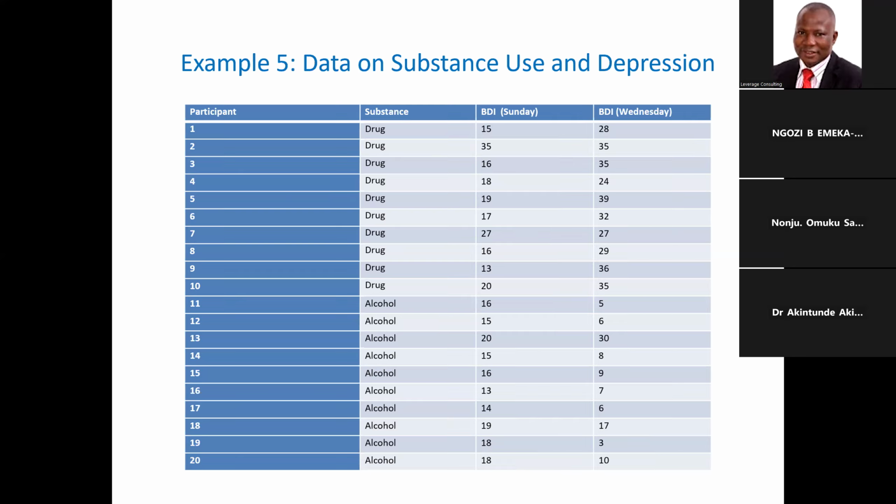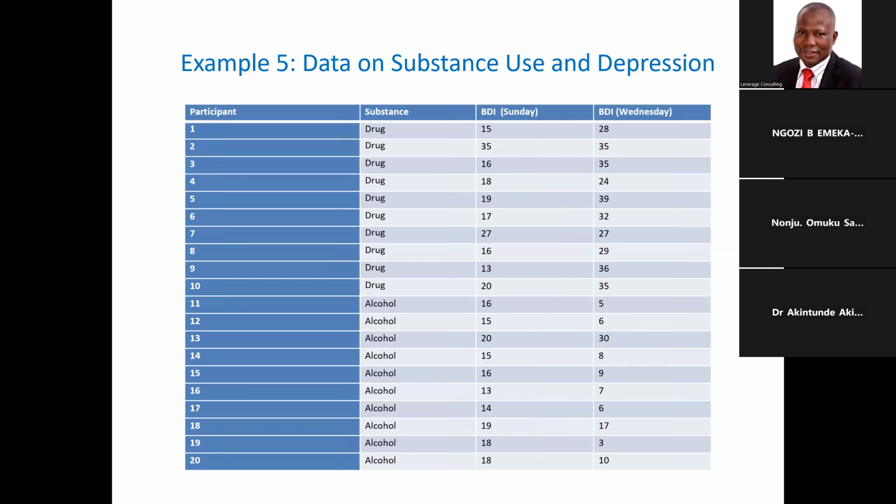When we talk about substance, we mean drug, alcohol, and many other drugs. So here we talk about drug: number 1 to 10, the first 10, are on drug, and the remaining 10, 11 to 20, take alcohol.